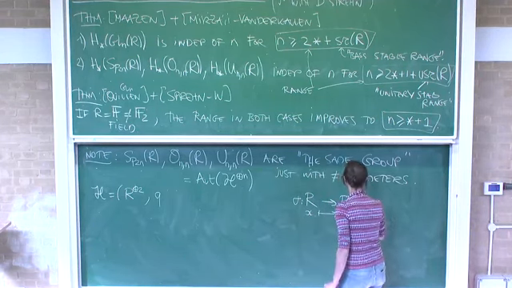In the symplectic group, you would have epsilon minus 1, and the involution would be trivial.